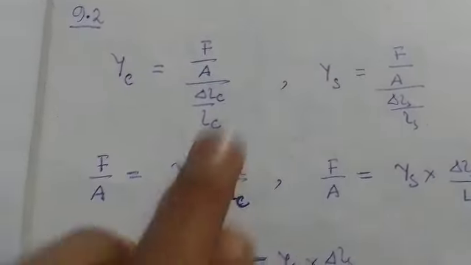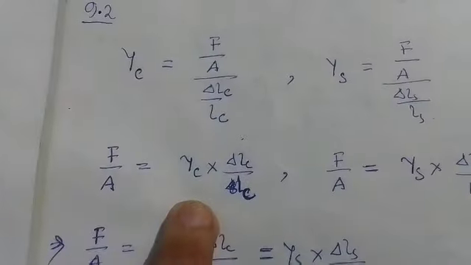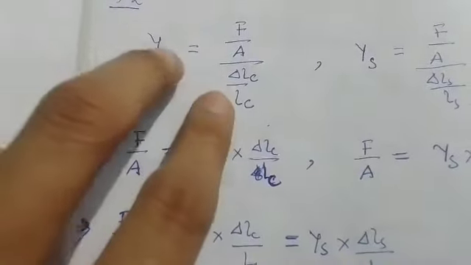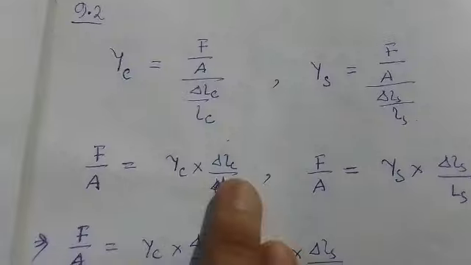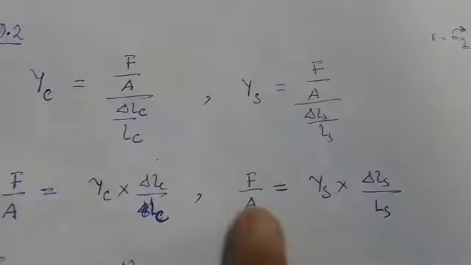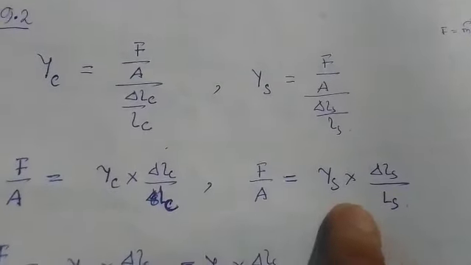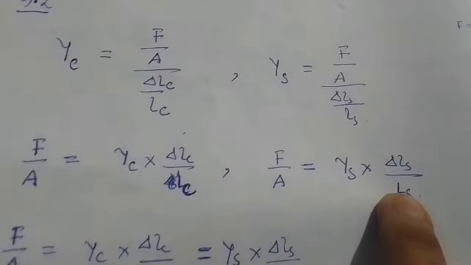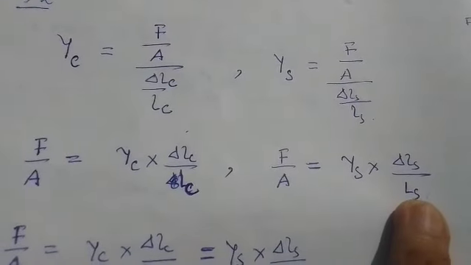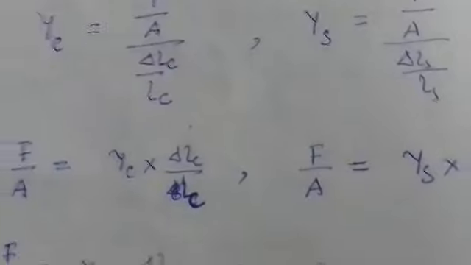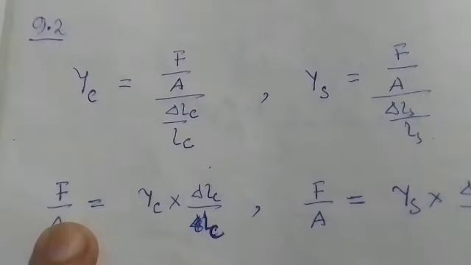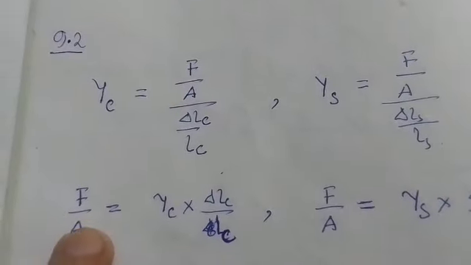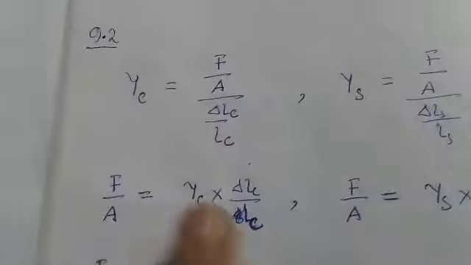We can cross multiply these two terms, so force per unit area is equal to YC multiplied by del C by LC. Similarly, force per unit area is equal to YS multiplied by del S by LS. The force per unit area set up on both of these wires is the same.